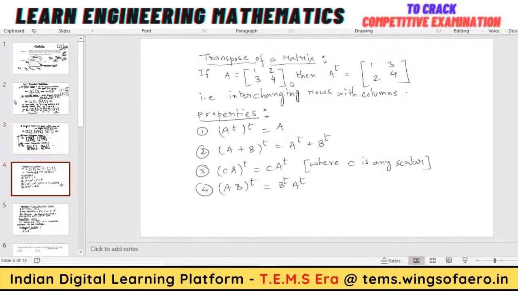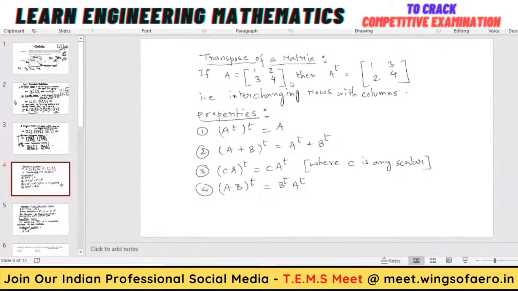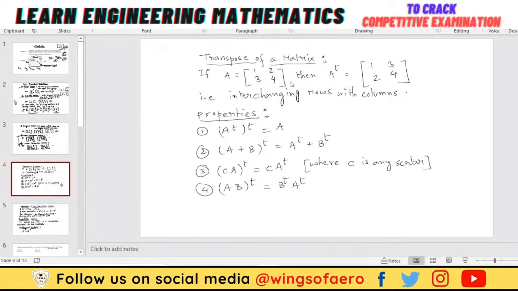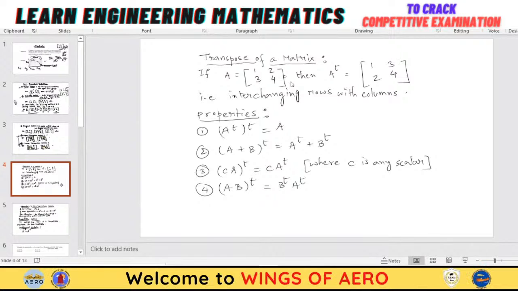Next one, transpose of a matrix. I think this is familiar to you. If I interchange the rows and the columns, it will become the transpose of a matrix. So if A equal to 1, 2, 3, 4, what is the transpose? Just convert the rows and columns.